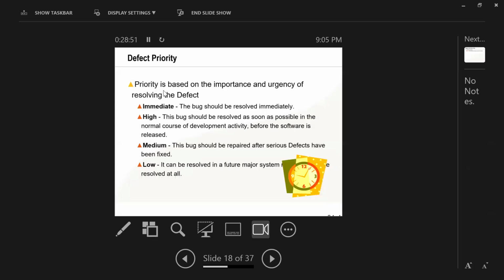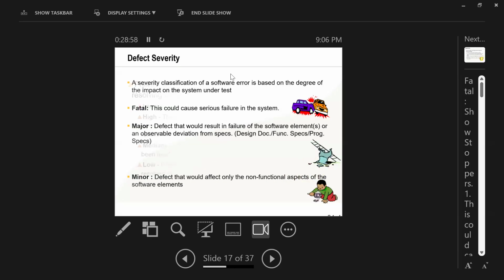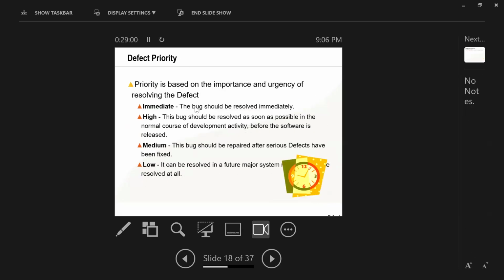And then priority is based on the importance and urgency of resolving the defect. We'll discuss and then assign which defect needs to be a priority and needs an immediate fix. Immediate: the bug should be resolved immediately.